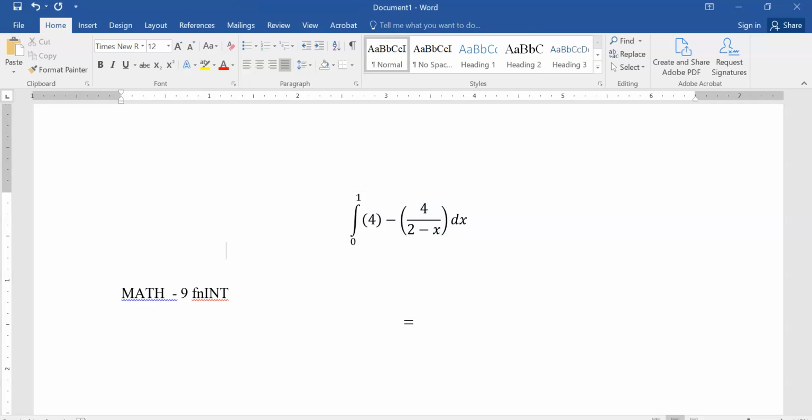And when we type that into our calculator, I end up with an ugly decimal, 1.227411278. Now in this case, that's not a nice fraction.